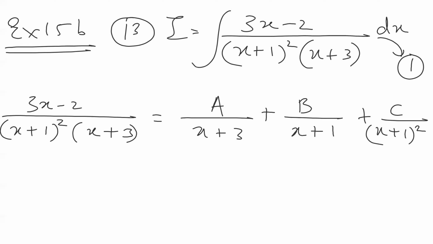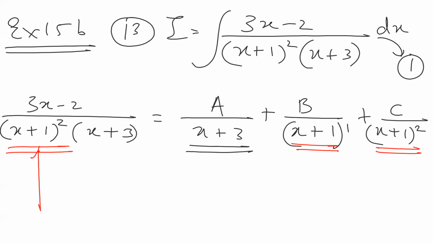No. Partial fraction type 3 says first write down the non-repeated factor, then target the repeated factor. So we have to write it once with power 1 over here, and the second time we have to write the same thing with power 2 because it is the whole square. So basically we have to follow this particular procedure.